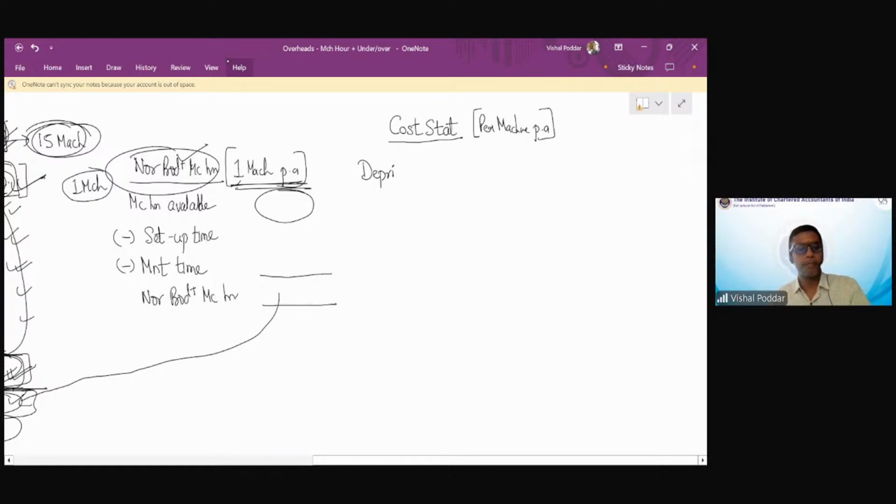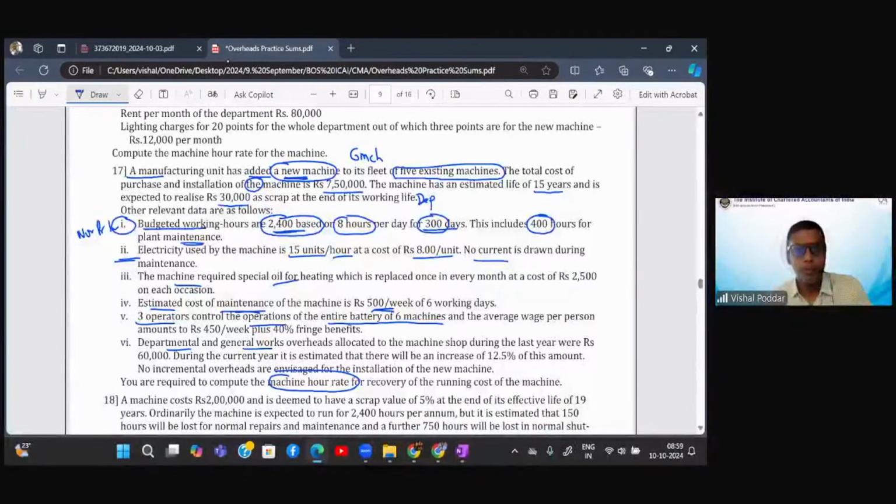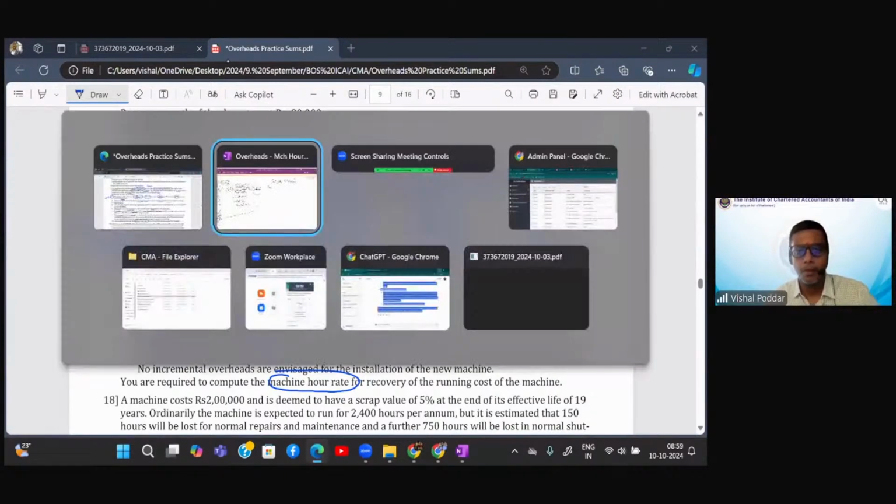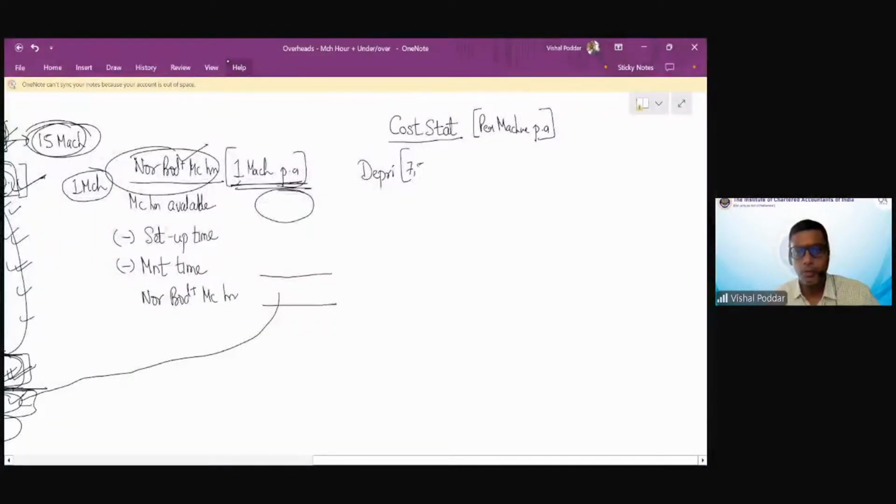First is the depreciation. So depreciation is 7,50,000 minus 30,000 upon 15 years. 7,50,000 is my original cost minus 30,000 scrap value upon 15 years. See, this cost was for a machine, and this whole working will give me my depreciation per annum. So this is my first figure, which is matching with my requirement.